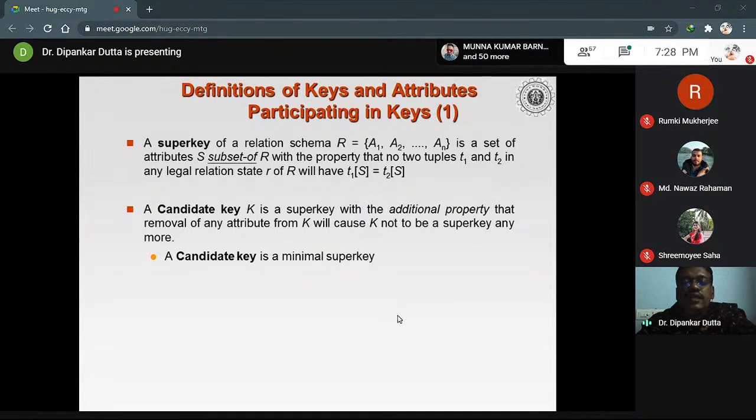So in that case, AB is the candidate key. But if removal of one attribute is possible and still the remaining attribute value is unique in that relation, in that case that super key is not a candidate key. And the minimal set that uniquely identifies a tuple is known as candidate key.